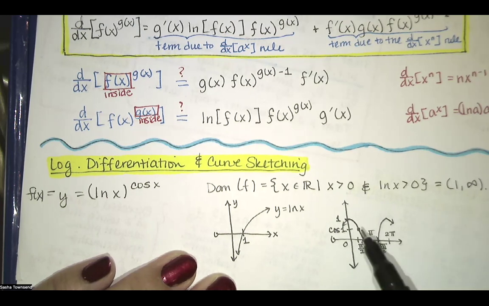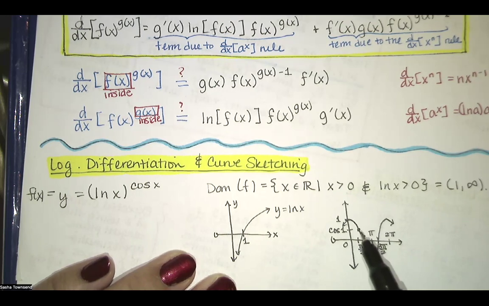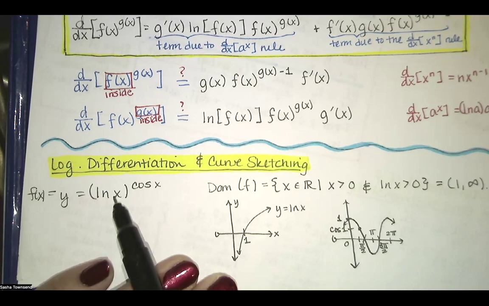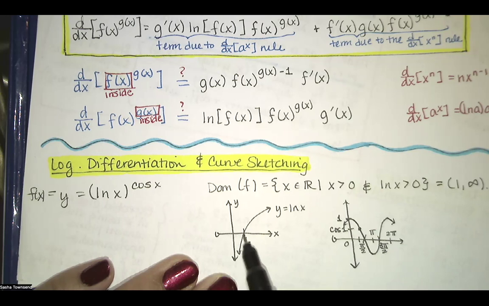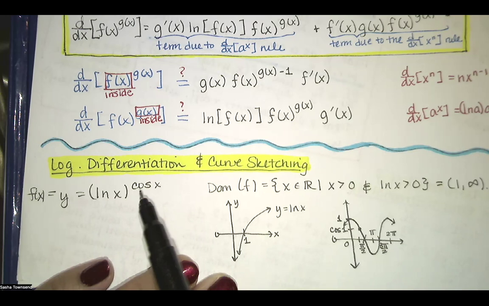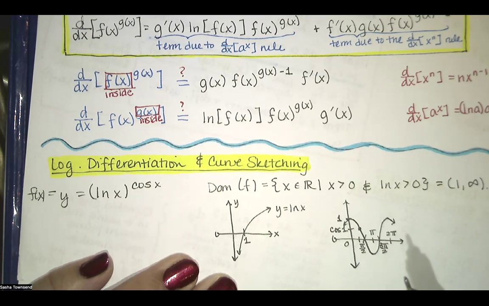And when our y values are between cosine of 1 and 1, we might have rational exponents with even numbers in the denominator. Anytime we've got an even number in the denominator on that interval, we're going to have a problem here because then we'd be taking a logarithm of a number between 0 and 1, which is negative, and we'd be raising it to a power where that power would indicate we're taking the even root of a negative number, and we don't want to do that.